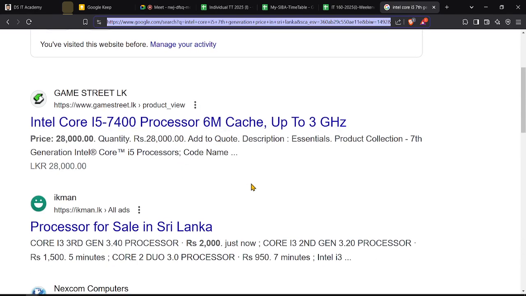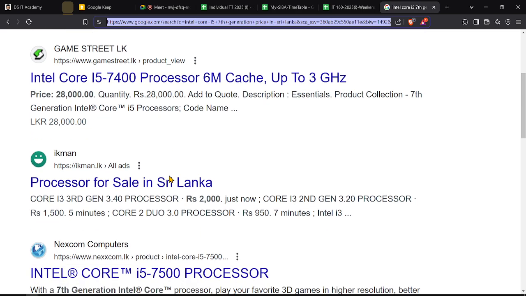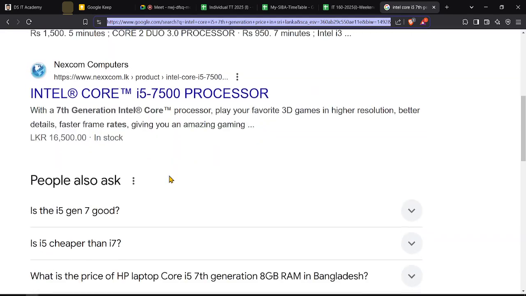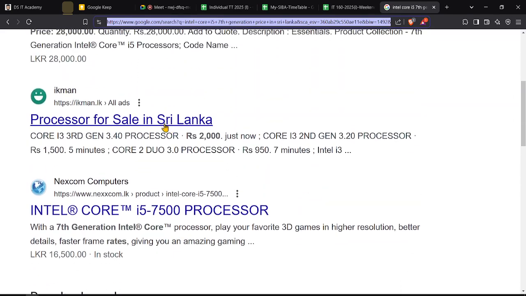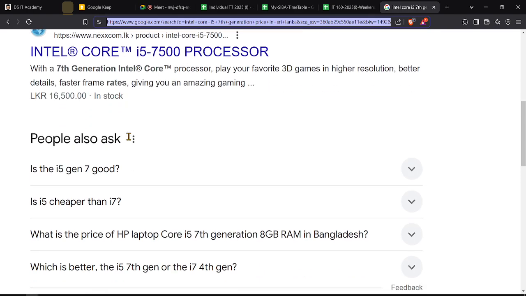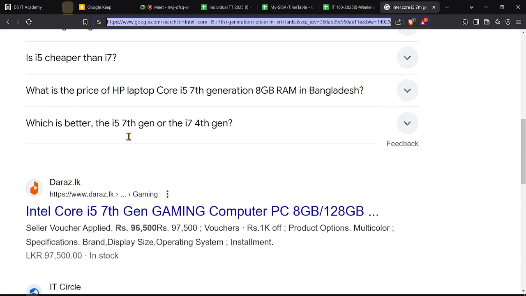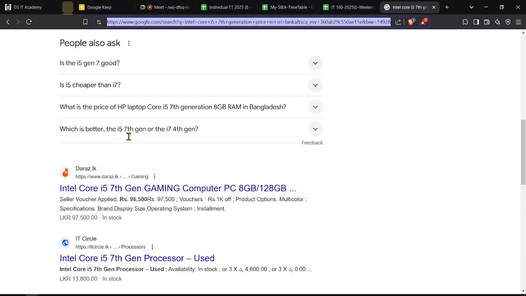If there's a fault, you can't claim the warranty also. So you should be careful, especially when you buy used ones. Here, Ikman, they may sell used ones, so you should be careful. So back to the lesson.